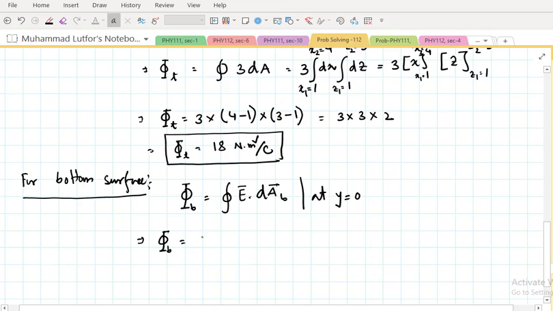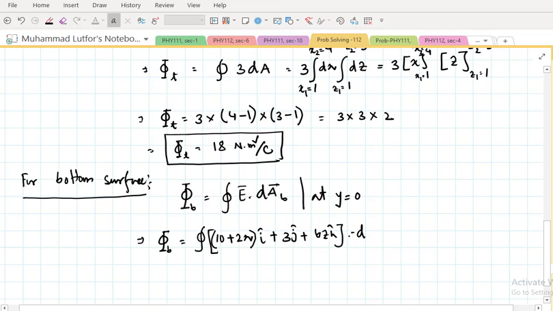Phi b would be enclosed E, which is 10 plus twice x i hat plus thrice j hat plus b z k hat, dot, and now for the bottom vector there is a minus sign, right?